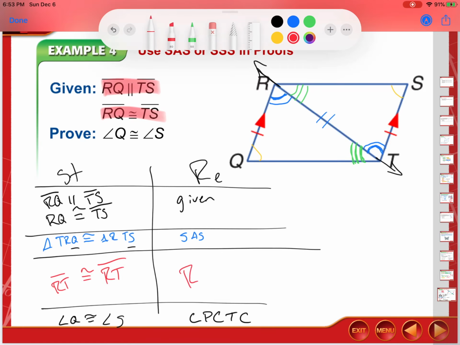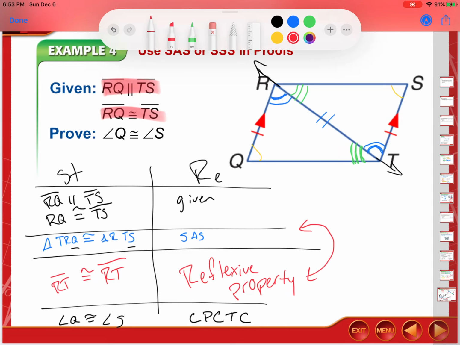I forgot to say line RT is congruent to line RT by the reflexive property. I'm writing it all the way out as punishment. Reflexive property. I forgot that step, which is shameful, and I apologize.